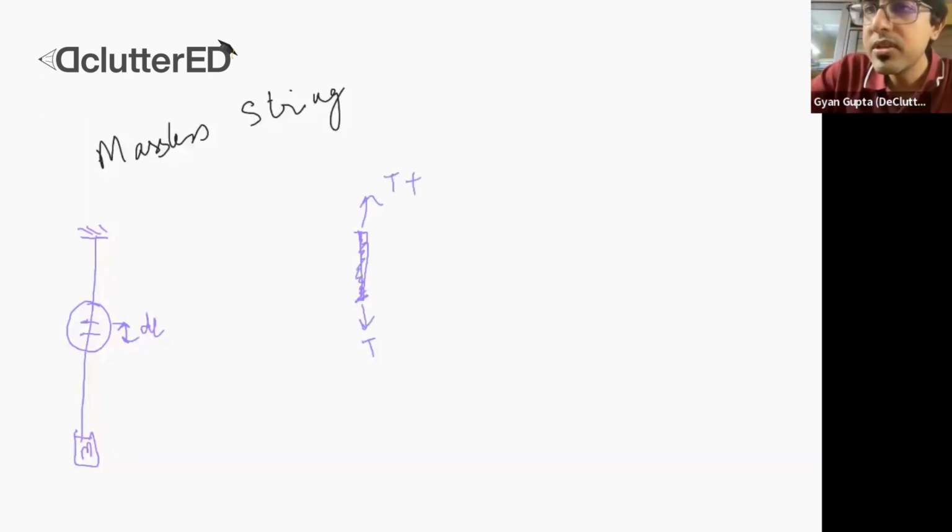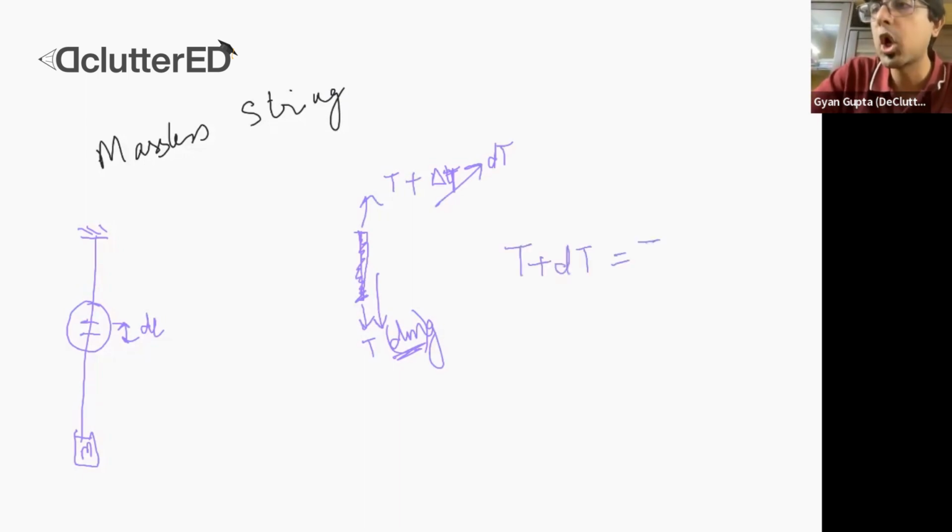And if this portion of the string had a mass, there would be a dm g element acting down, where dm is the mass of this very small element. Since this portion is at rest, T plus dT would be equal to T plus dm into g. However, by assuming that this dm tends to 0 when we call the string massless, dT also tends to 0.